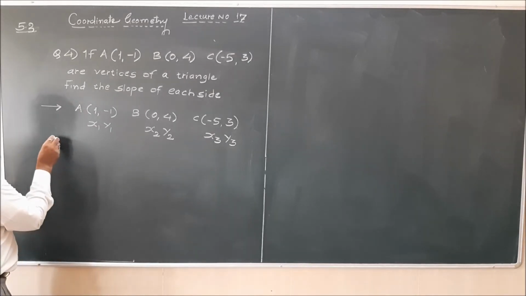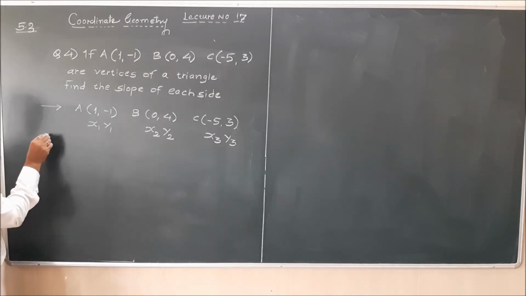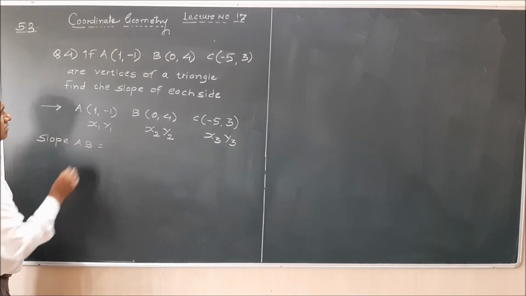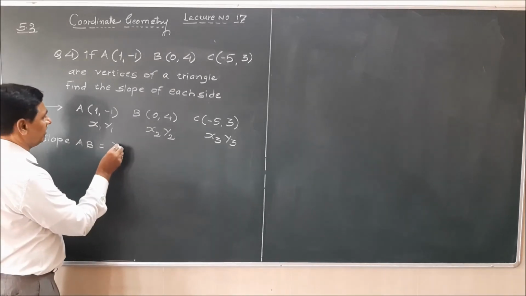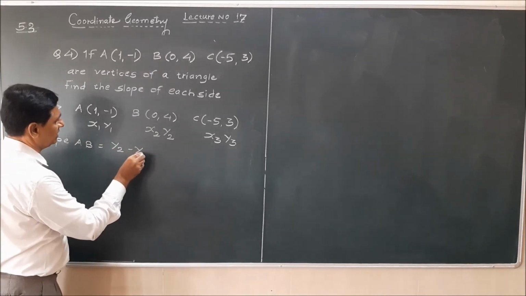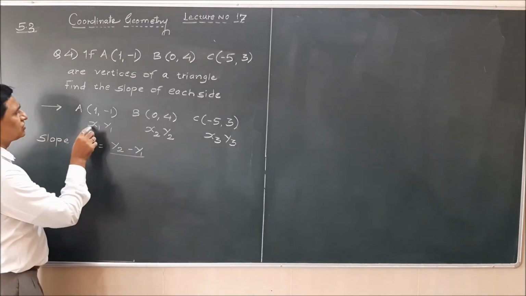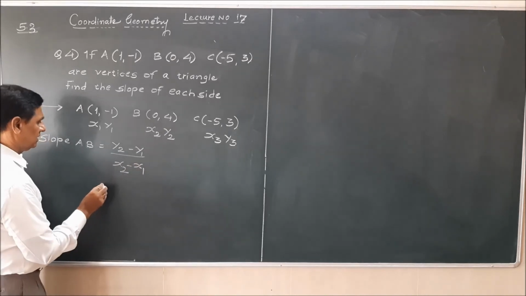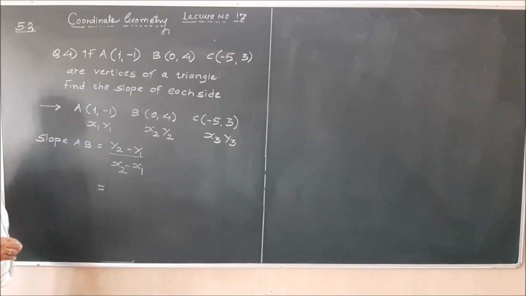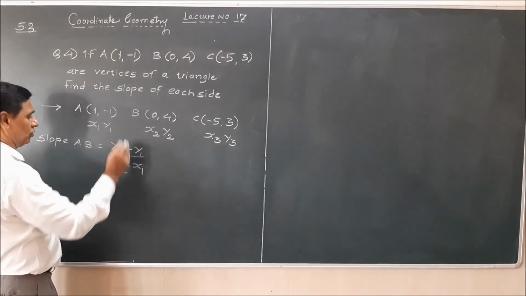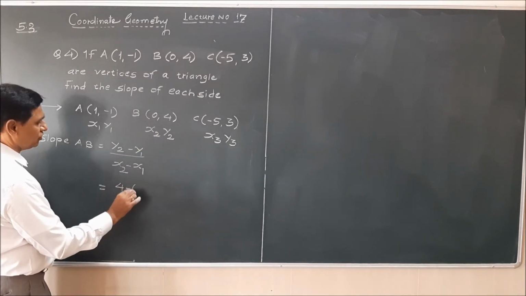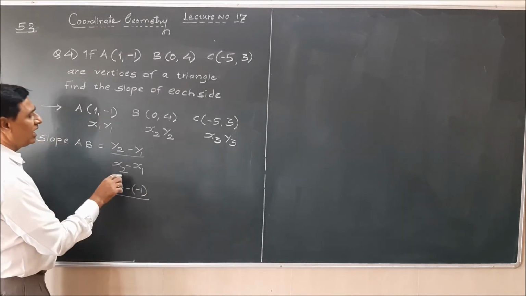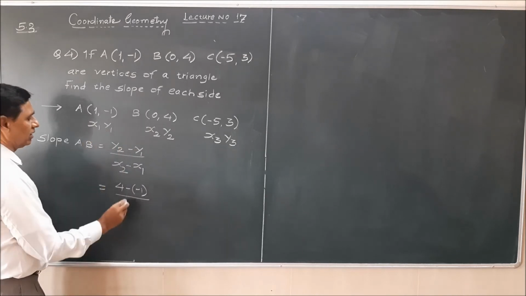So slope of AB is equal to y2 minus y1 upon x2 minus x1. That will give us y2 minus y1 is 4 minus of minus 1, upon x2 minus x1, 0 minus 1.